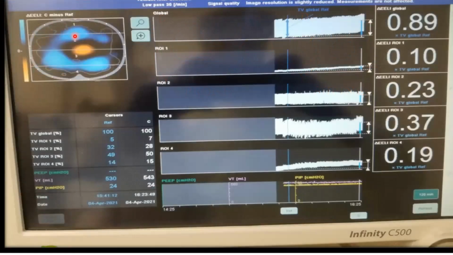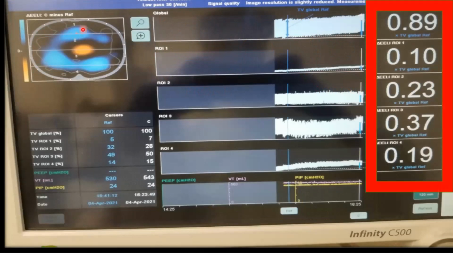We wanted to make sure that the end expiratory lung volume would be maintained. So again, you see here, we didn't keep it on too long, but we saw all impedance values were positive. And we saw here, this is represented by a gain in the functional residual capacity. So we were confident that the patient wasn't going back the other way.